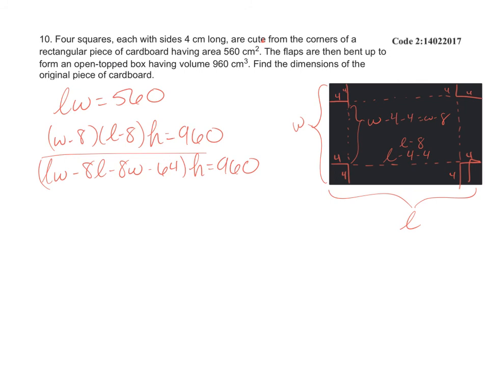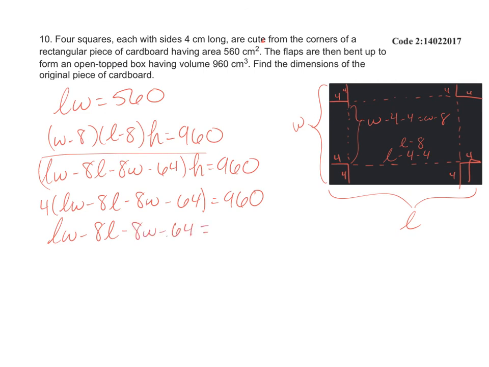So we actually are going to multiply all of this by 4. So we get 4 times LW minus 8L minus 8W minus 64 is equal to 960. And I'm going to divide both sides by 4 to get rid of it so I don't have to deal with huge numbers. Right?